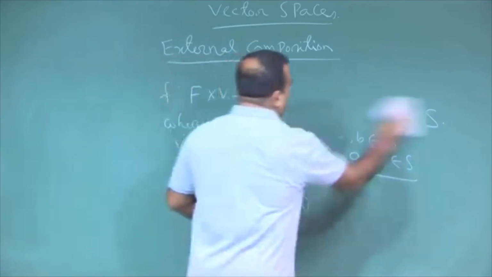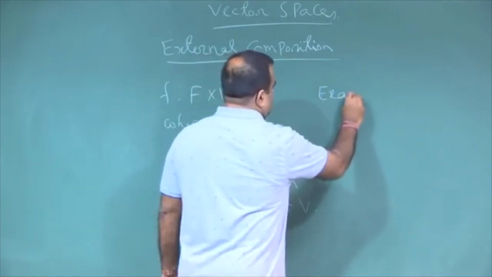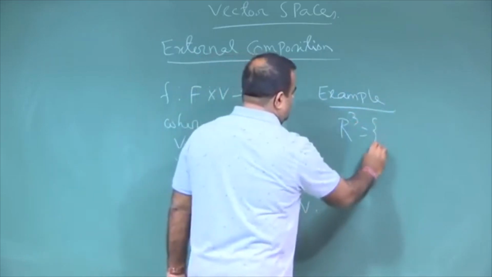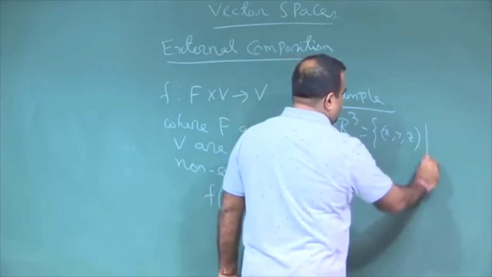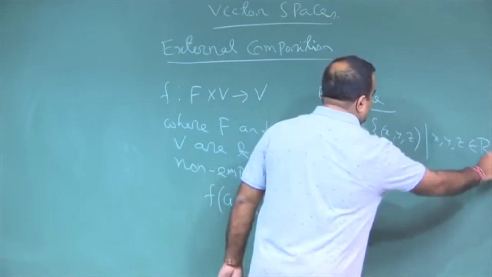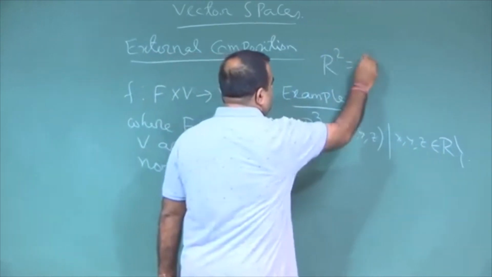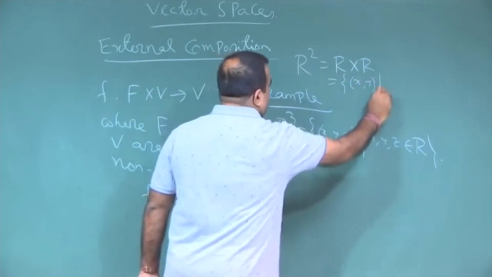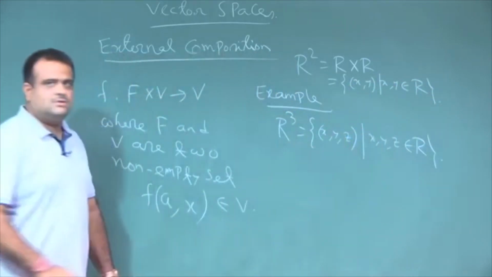For example, say we have R 3, which is basically x y z, where x y z are coming from R. You know, R 2 is the Cartesian product R cross R, so this is x comma y, where x y are real numbers, and R 3 is the 3-tuple.